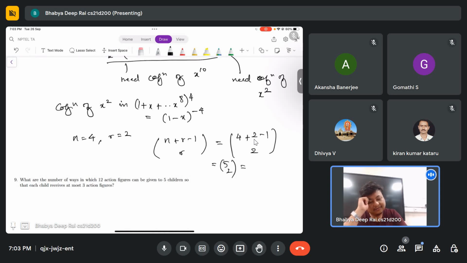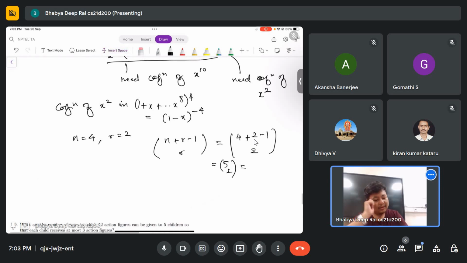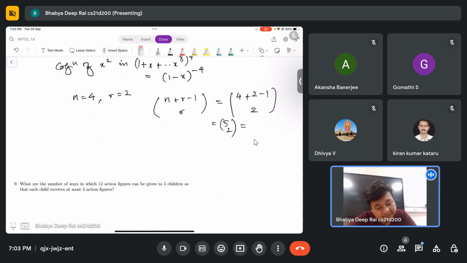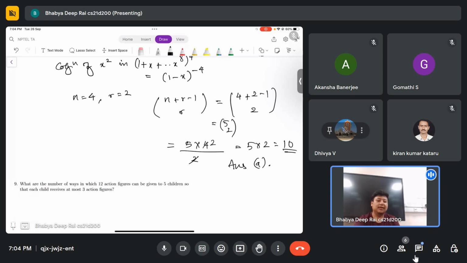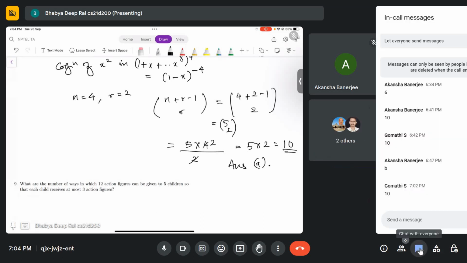And what is 5 choose 2? 5 choose 2 is 5 times 4 times 3 cancelled out, over 2 factorial, which is 2, and 2 times 2 is 4, and 5 times 2 is 10. So the answer is A. Yeah, good, Gomati. The answer is A.